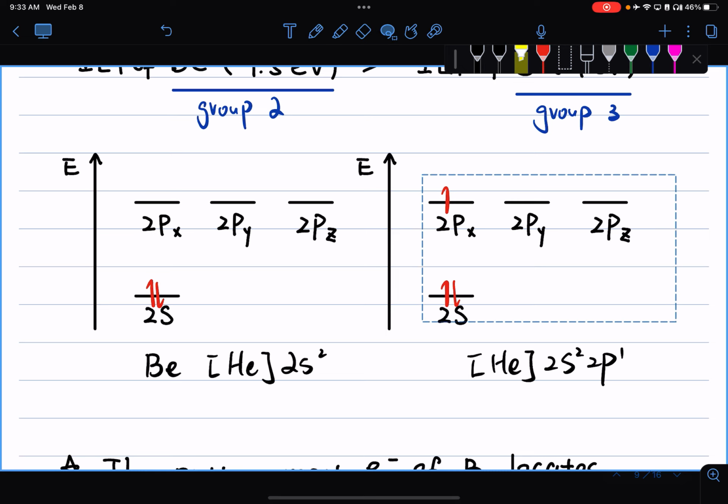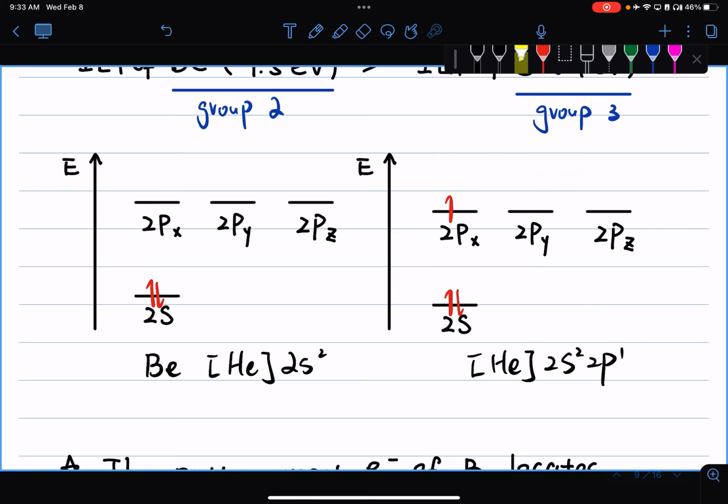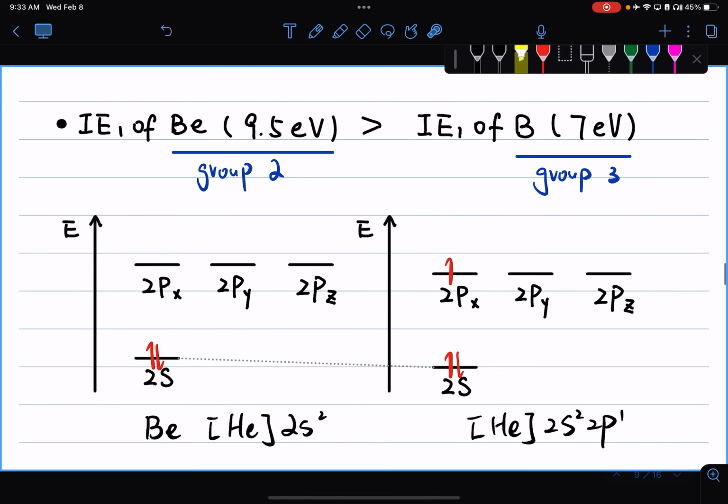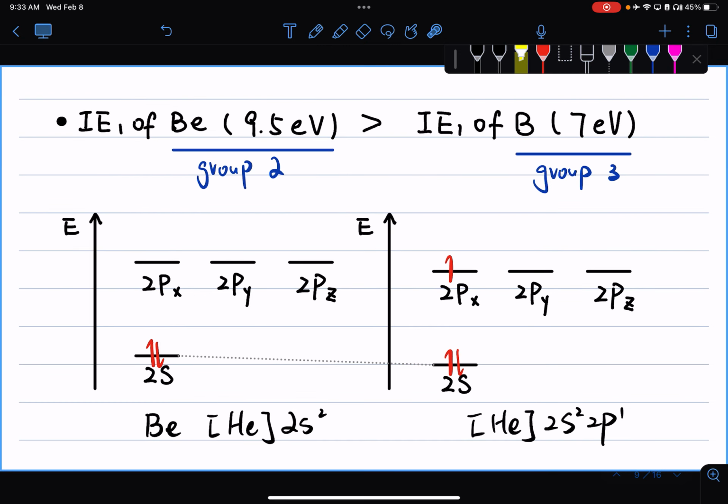So the idea here is that if we look at just the 2s atomic orbitals, then yes, because of effective core potential, boron might have a lower 2s atomic orbital. But in this case, it has a much lower ionization energy because the outermost electron in boron is actually in the higher energy 2p atomic orbitals.